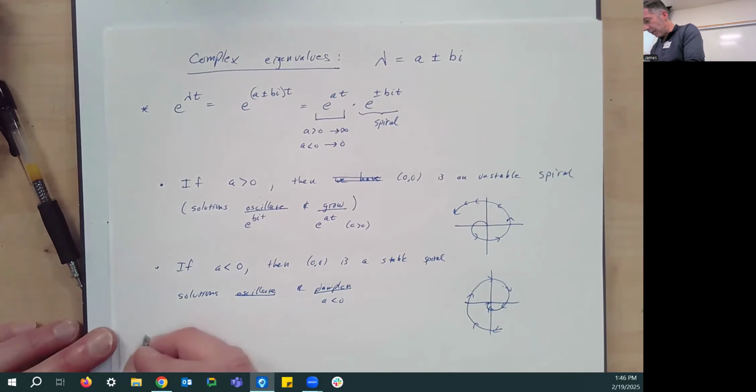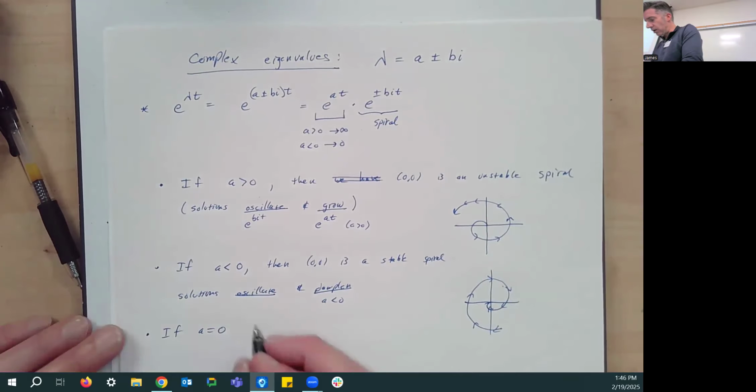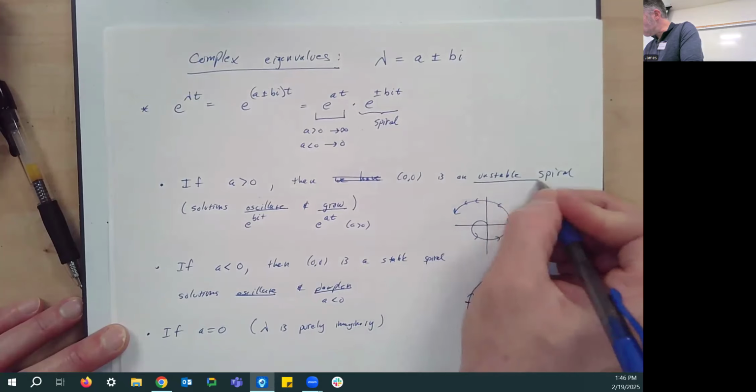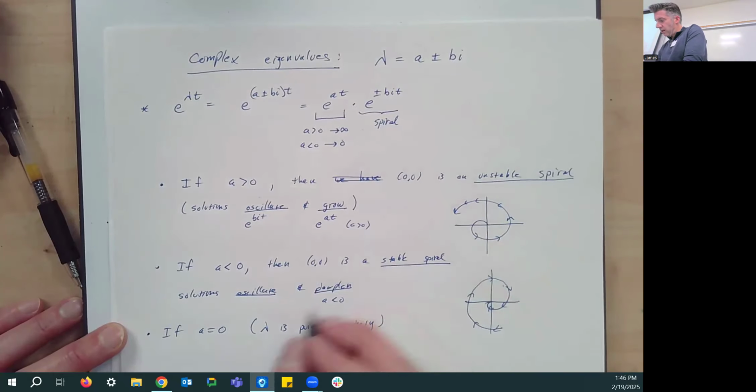And then lastly, if the a part is equal to 0, meaning your eigenvalue lambda is purely imaginary, then 0, 0 is, what is it called?